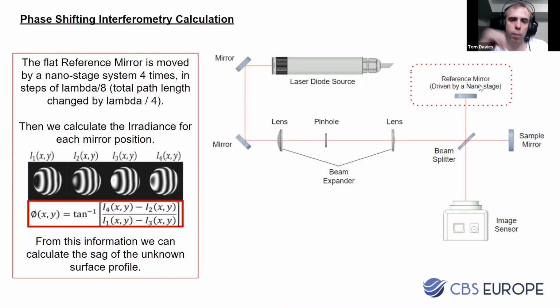It's lambda over 8 because we need to change the path length by lambda over 4. So an eighth difference on each path, each half of the journey. And then we need to calculate the irradiance, the fringe pattern for these 4 positions, and combine them in such a way that we understand the phase of the beam. And from this information, we can calculate the sag or the surface profile of the unknown sample.